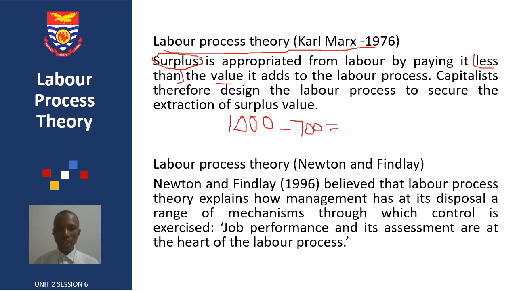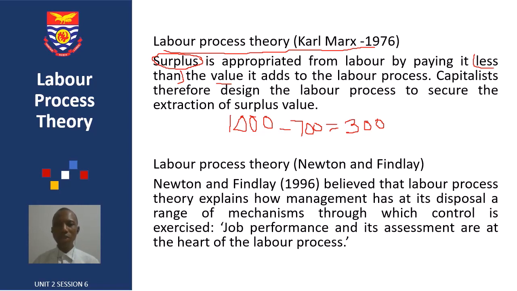You are getting 300 as the surplus. So this is what the labor process theory by Karl Marx is saying. You are paying less as compared to the value you receive. So capitalists therefore design the labor process to secure the extraction of surplus value.